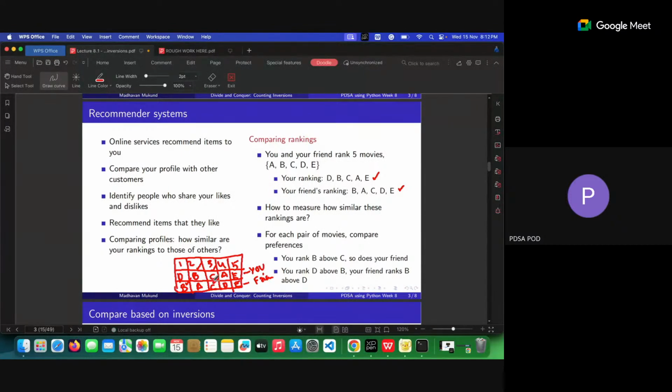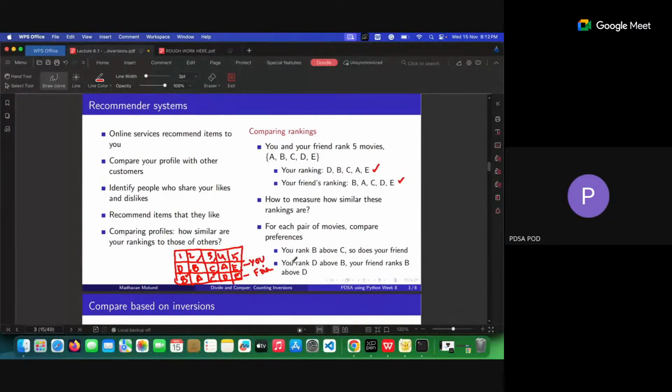But once you think about one more thing: you ranked D better than B, but your friend has ranked B better than D. So in that case there is a difference. There is a comparison of rankings. Your friend's rankings and your rankings are somewhat different. This different kind of opinion we call an inversion.